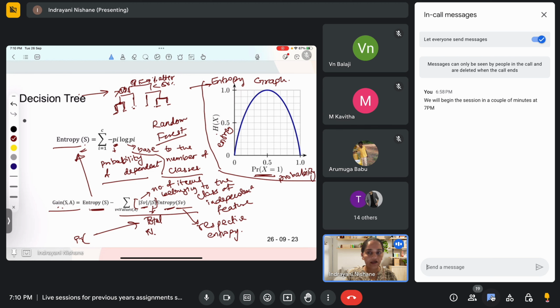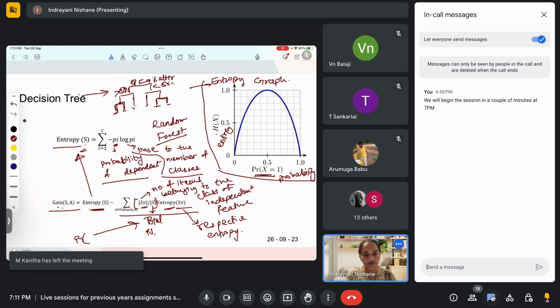For decision trees we have to account for the randomness, because we want to choose the rules which will give us the maximum information gain, that is, the minimization of data loss, information loss. So we'll try to preserve those nodes, and for that, this entropy calculation plays an important role.